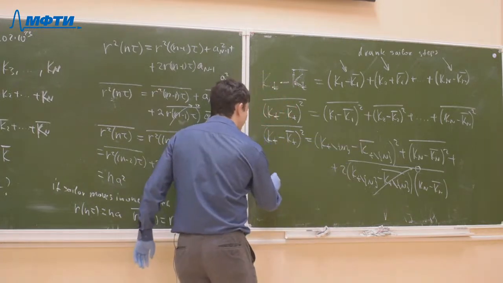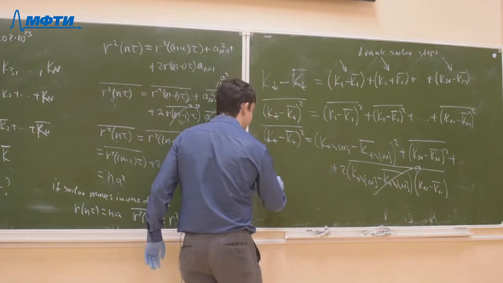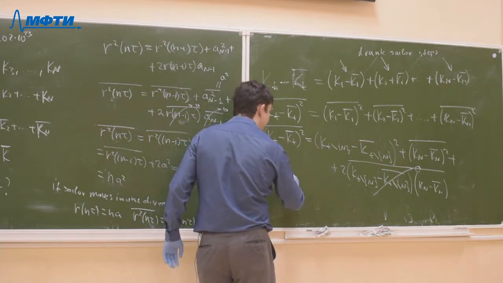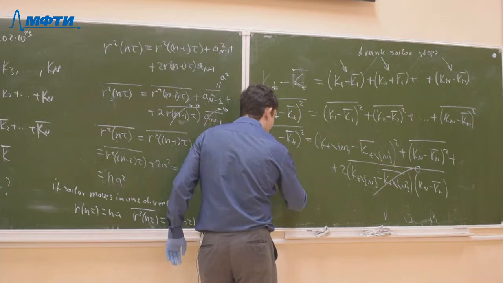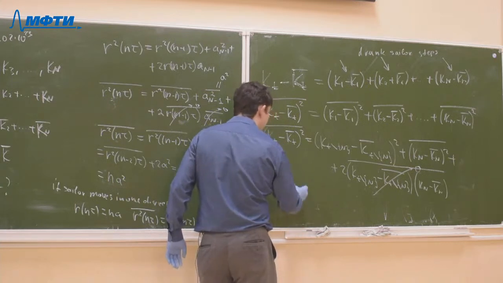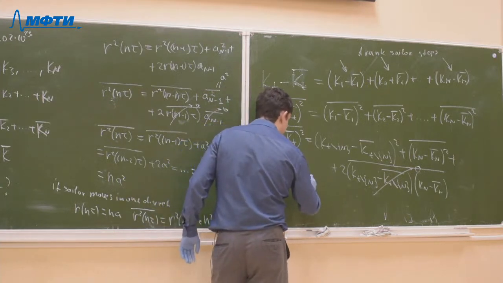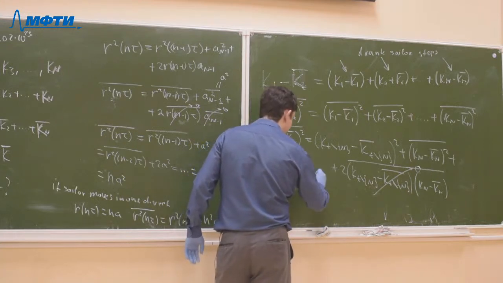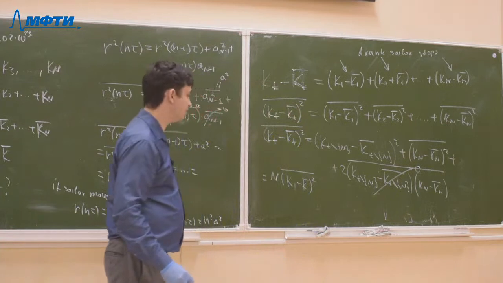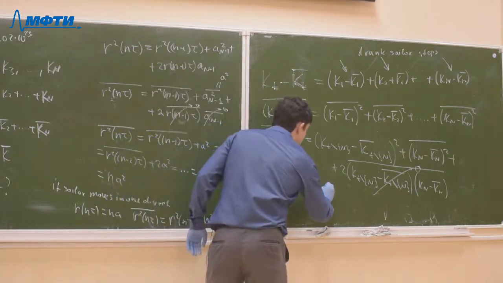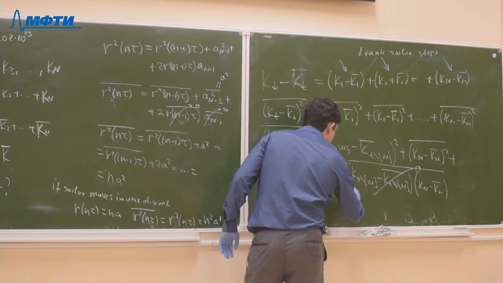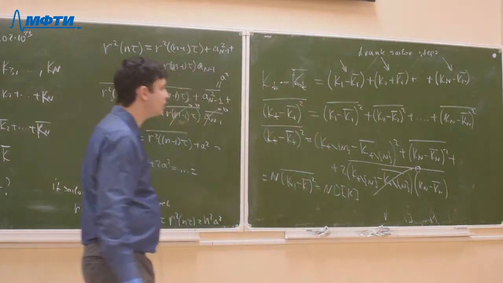And we arrive altogether at the expression that the total average is given as n multiplied by K minus K average squared, again averaged. So this is n times the variance of the kinetic energy of one particle.